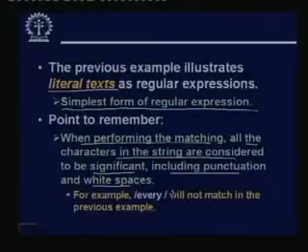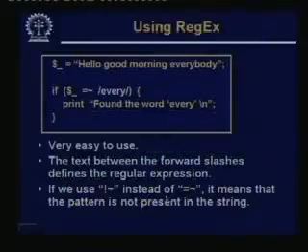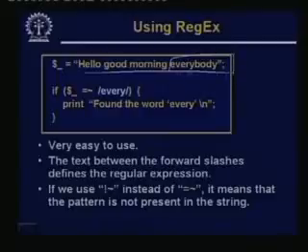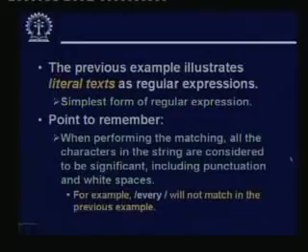For example, in the previous example, if you give within forward slashes every followed by a blank, then the match condition will not be true, because the string contained everybody. So, there was no space after every, B was immediately after it. So, if you write like this, then there will be no match.